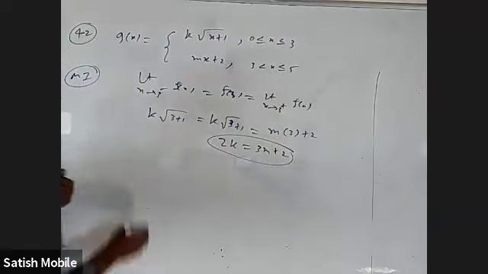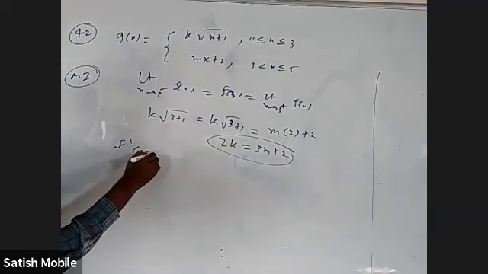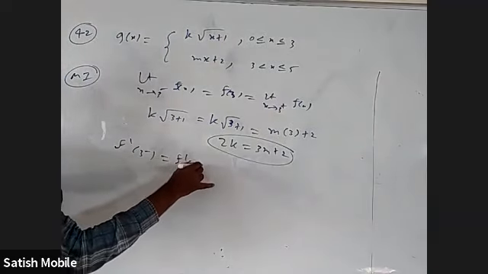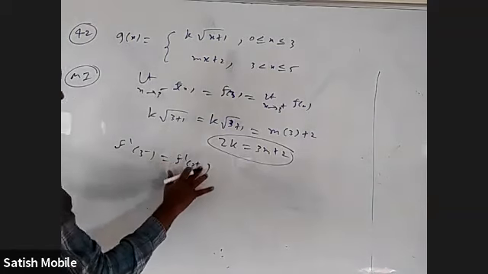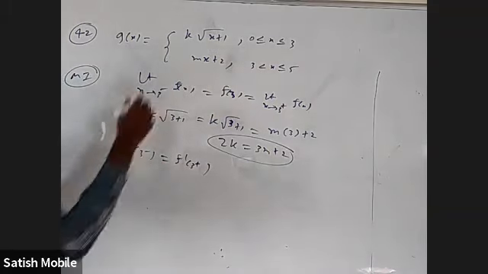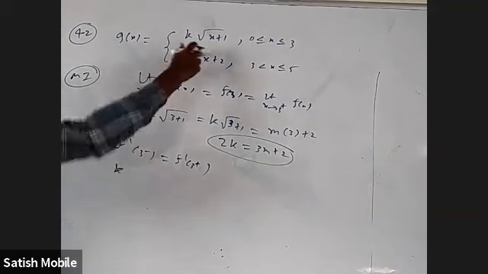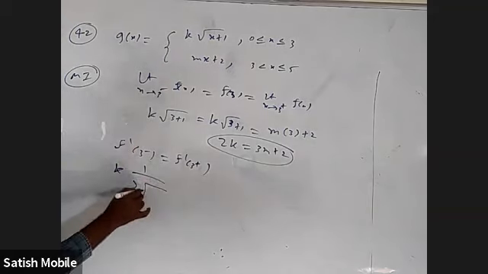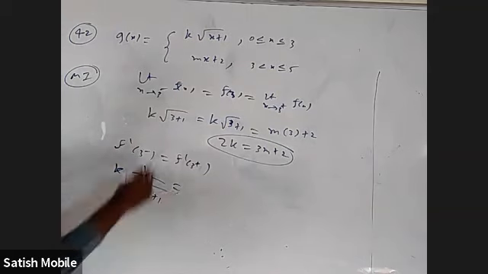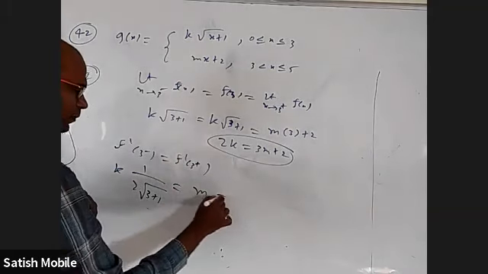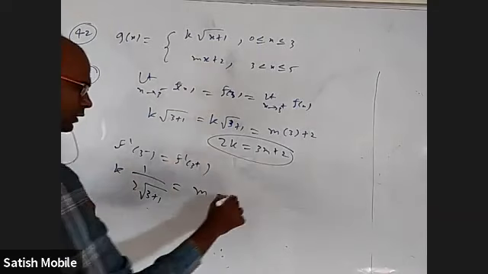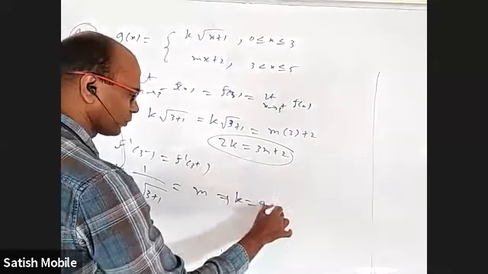This is one equation. Next, f dash 3 minus should be same as f dash 3 plus for differentiability. Left hand derivative is this one: k into derivative of root x plus 1, which is 1 by 2 root x plus 1, and then substitute 3. This derivative is m itself. So we'll get k is equal to 4m.